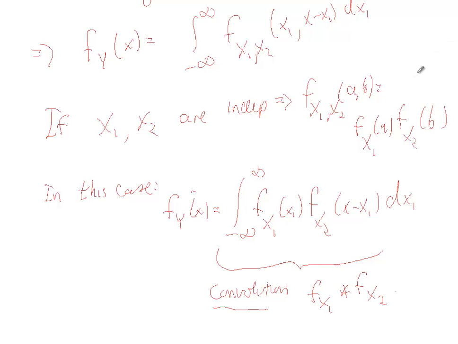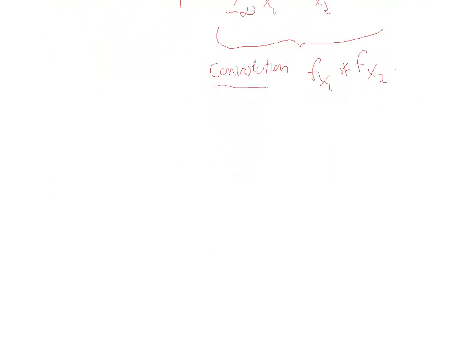Now, there is some intuition behind this formula, and you can consider it this way. Let me switch back to blue. Suppose I'm looking at the value x here, and suppose the random variable x1 is in this interval here.